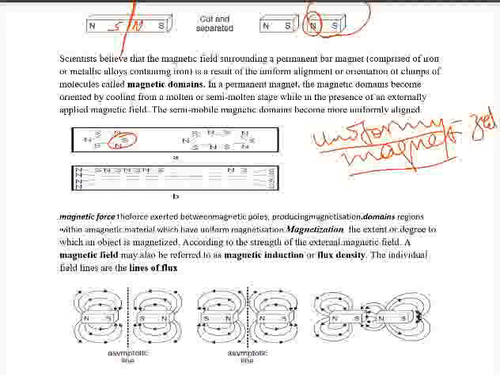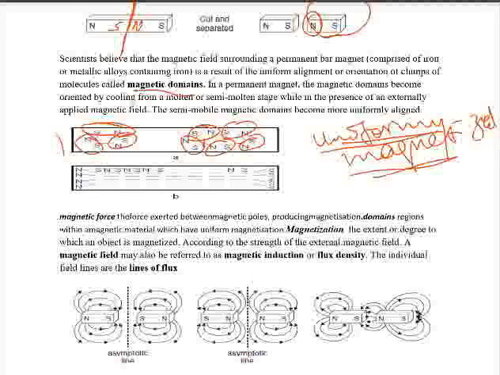Here north and south are connected, here also north and south, and here also north and south. Therefore, we don't have any extra north or south pole. All north and south poles are connected. Such orientation is called uniform magnetization, and this uniformly magnetized region is a magnetic domain.